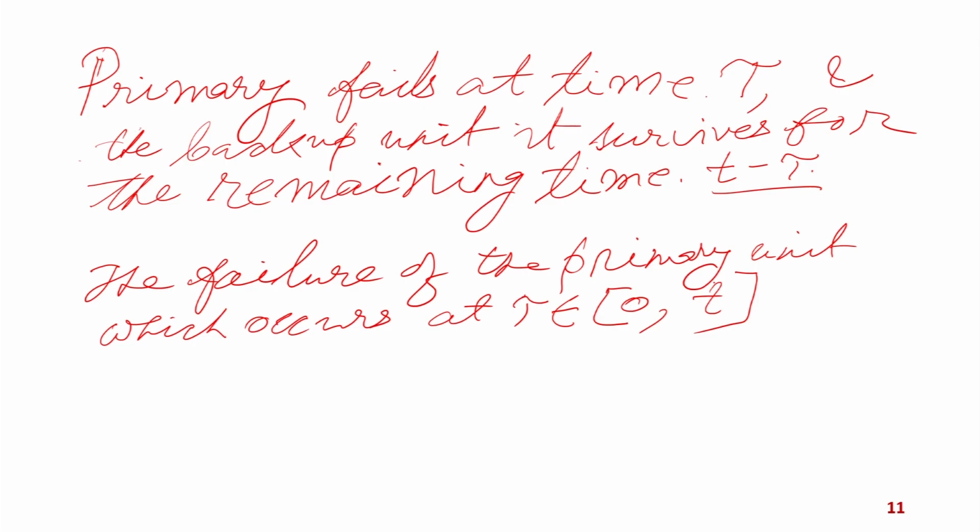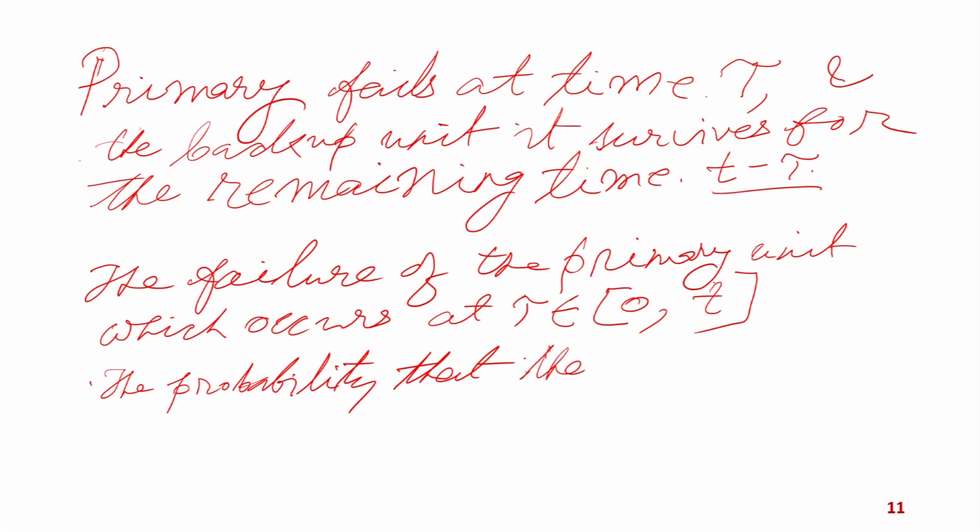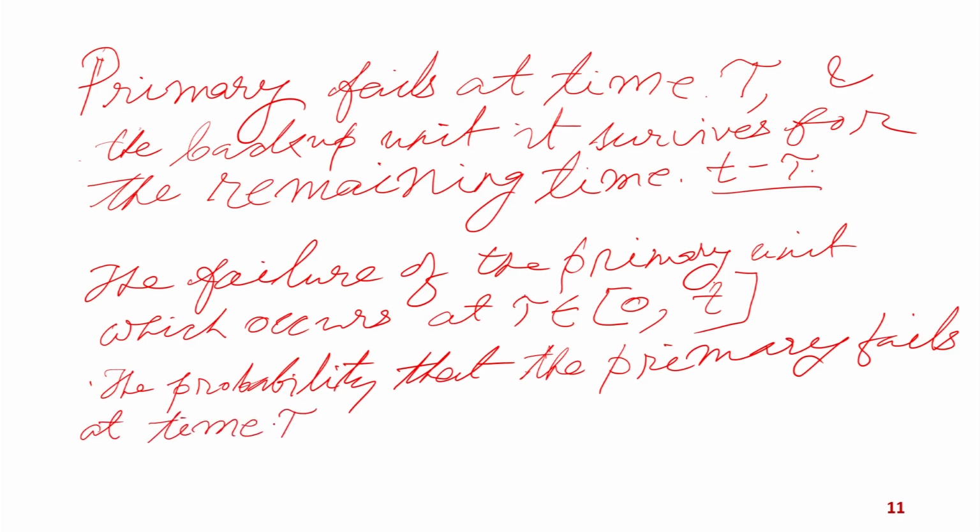Okay. Now, the probability that the primary fails at time tau, then I have the probability function.